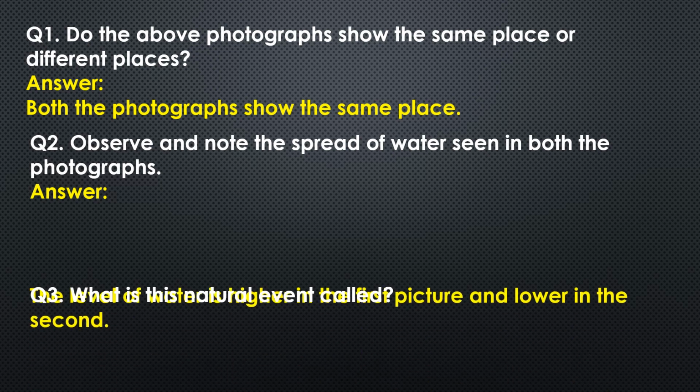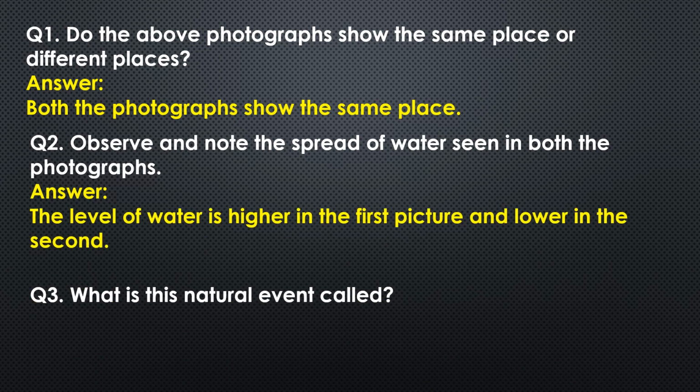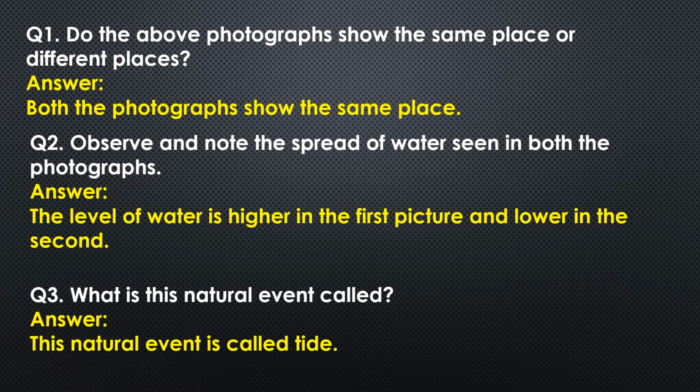Answer. The level of water is higher in the first picture and lower in the second. Question 3. What is this natural event called? Answer. This natural event is called tide.